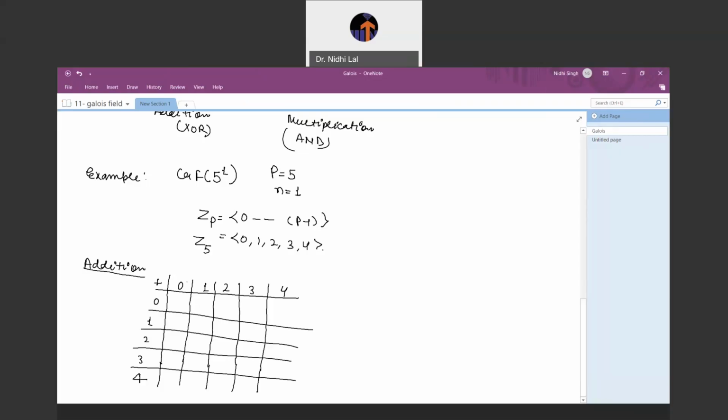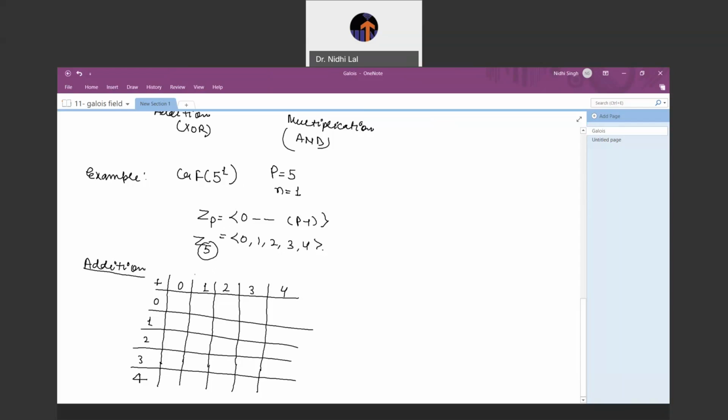So 0 plus 0, mod 5. It may be possible that sometimes my value gets out of range. Suppose 3 plus 3 equals 6, but my highest value is 4 because my set of residuals is only 5 elements. So we have to perform the mod operation at the end. Means first we perform the addition between the two values, followed by the mod operation, mod 5.